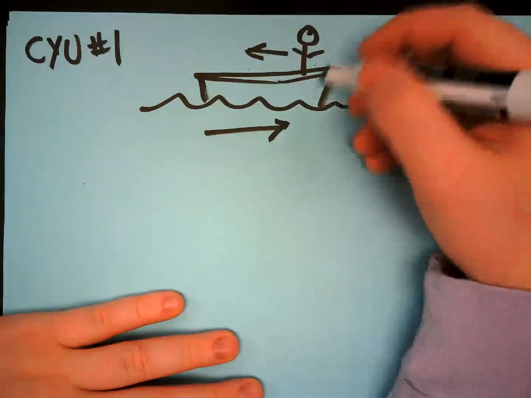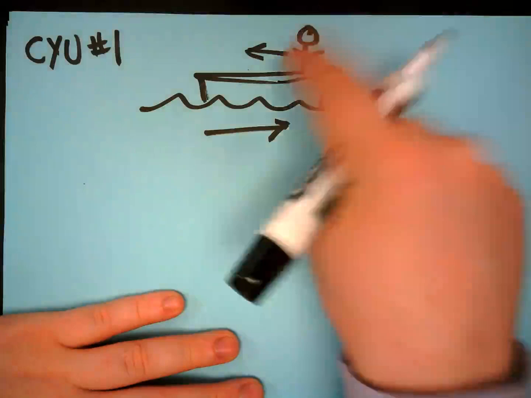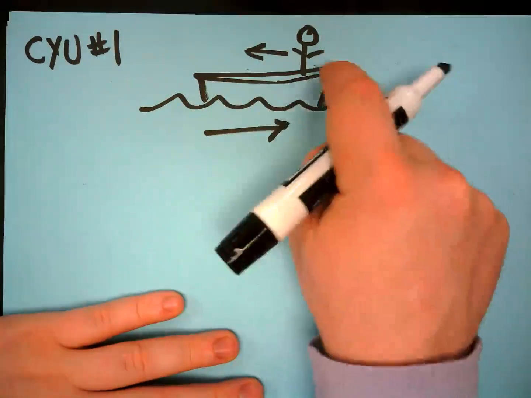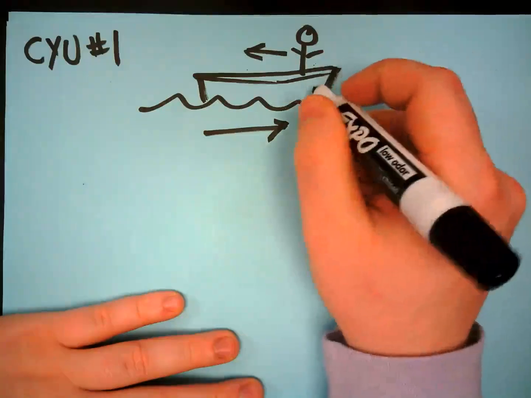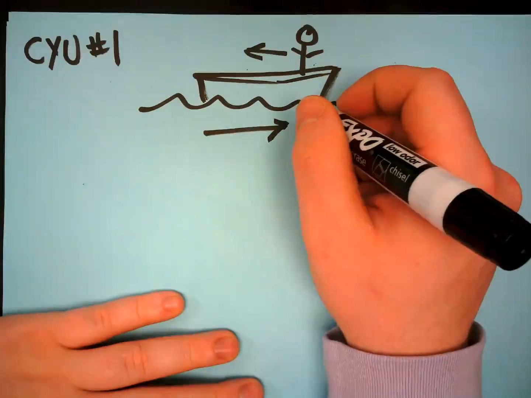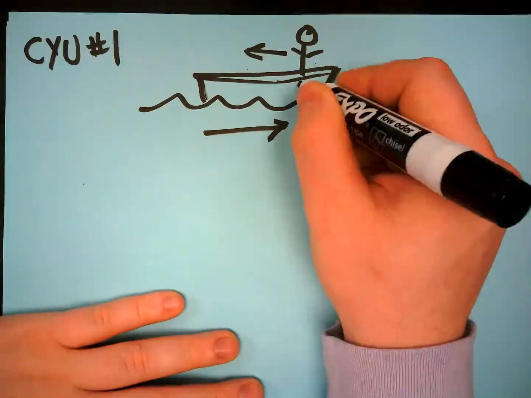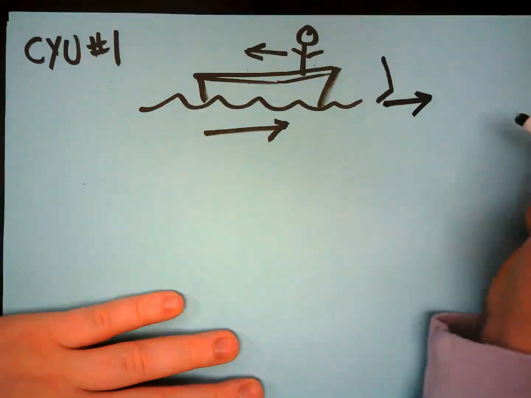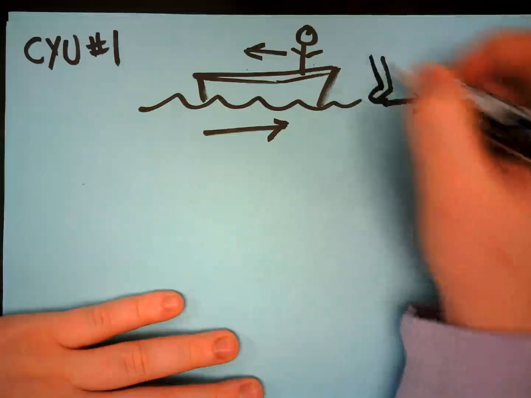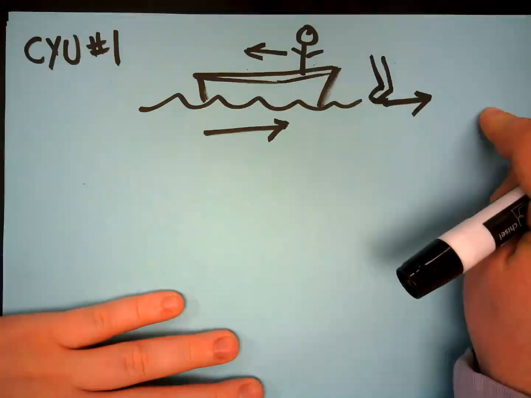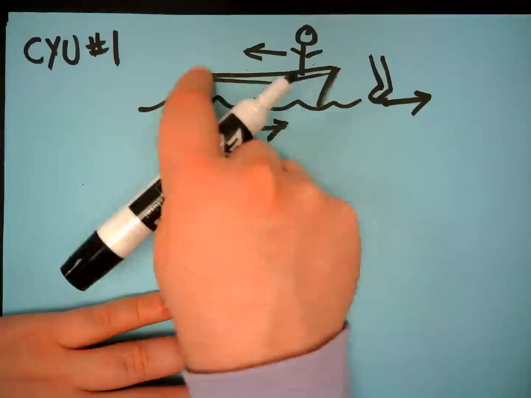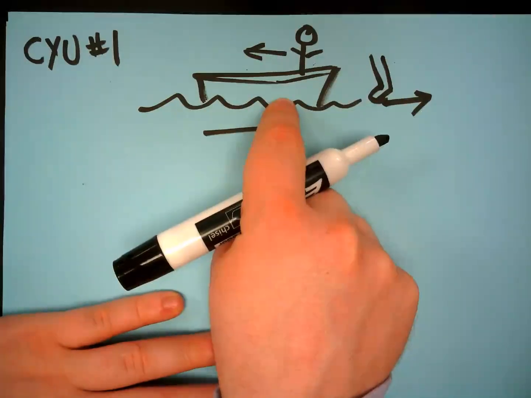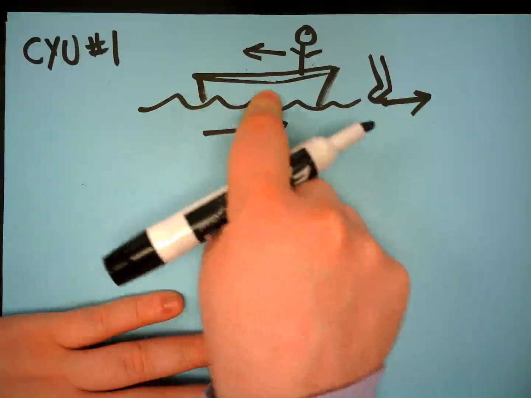Realistically speaking, what's the direction of the force here? Well, when we push off the ground, our feet are actually pushing a force in this direction, and that's a foot, by the way. Our movement's going this way, but we are pushing off the ground in this direction to propel us this way.